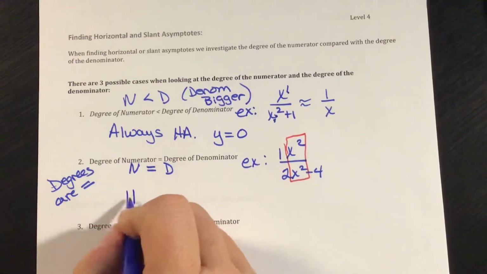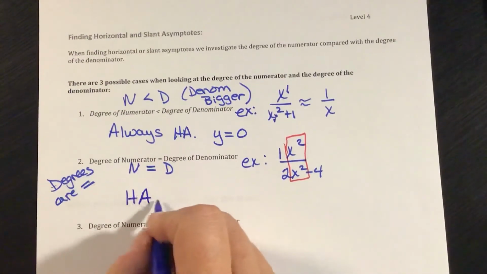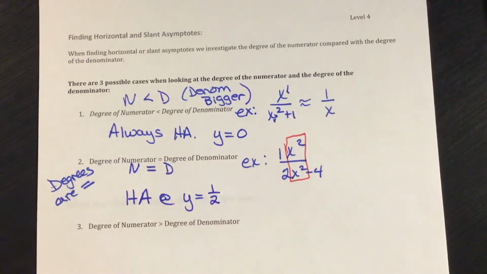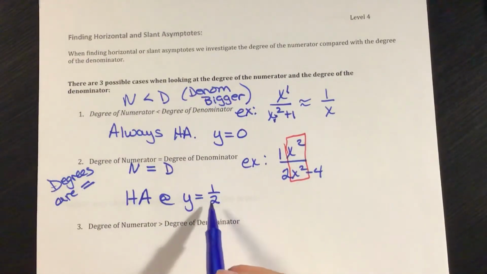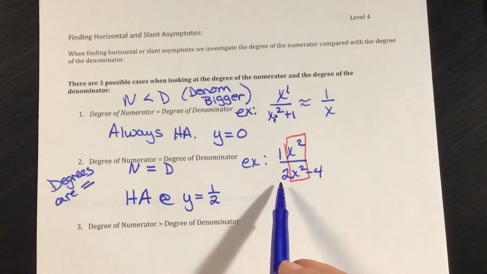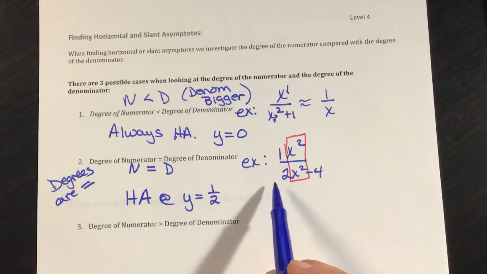So I'm going to have a horizontal asymptote at y equals 1/2. Horizontal line through 1/2 on the y-axis. No matter what my coefficients are, that's where I'm going to have a horizontal line.